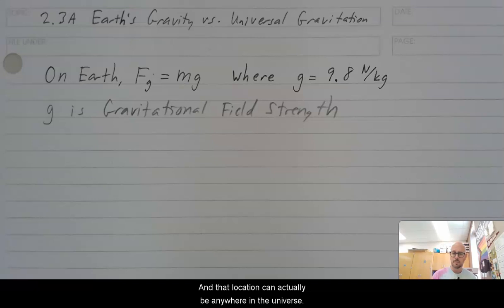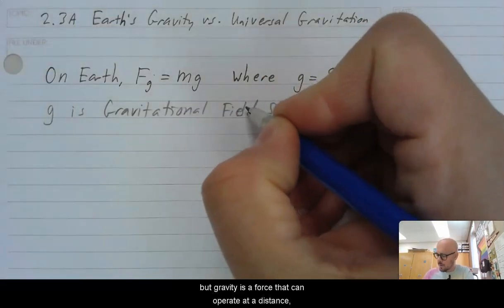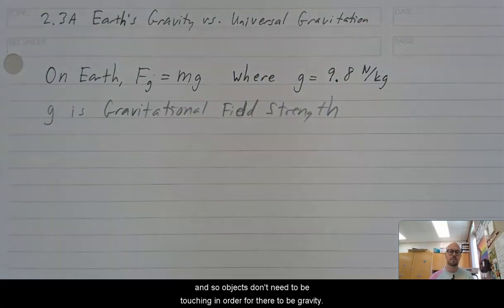That location can actually be anywhere in the universe, but little g is typically used to represent the gravitational strength near a planet's surface or on a planet's surface. We'll talk a little bit in class maybe about what a field is, but gravity is a force that can operate at a distance. And so objects don't need to be touching in order for there to be gravity.